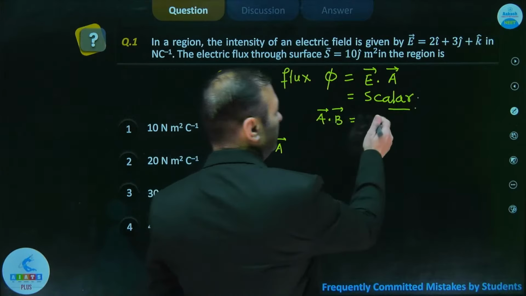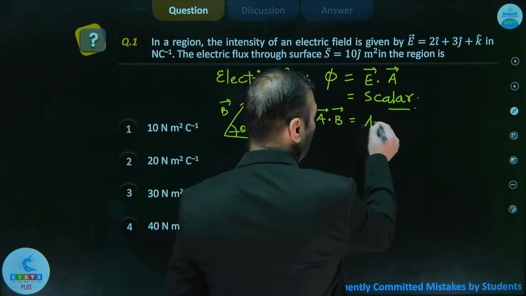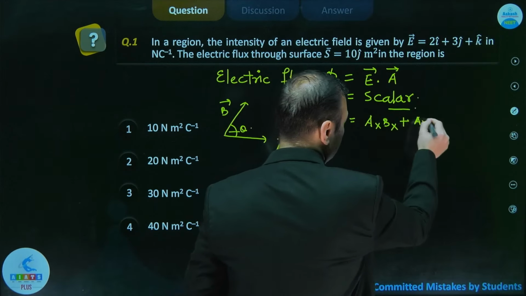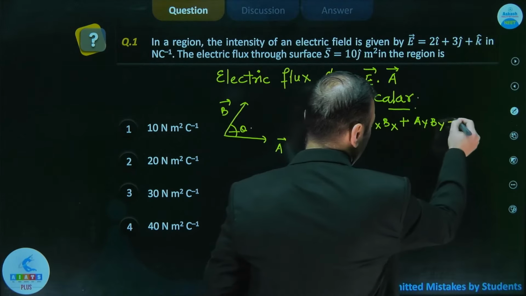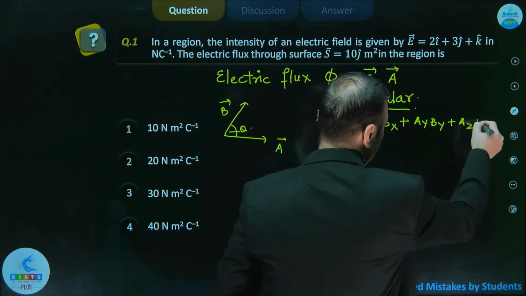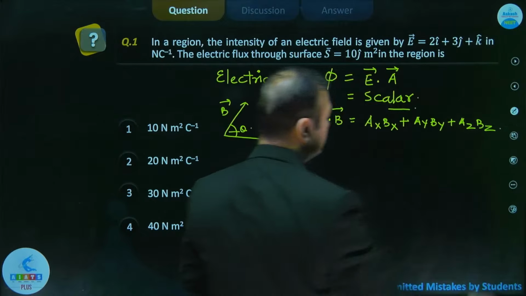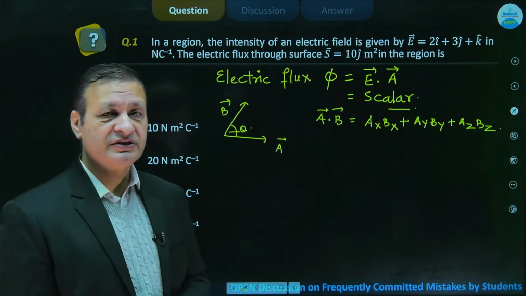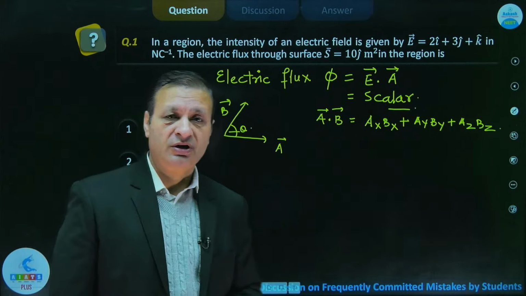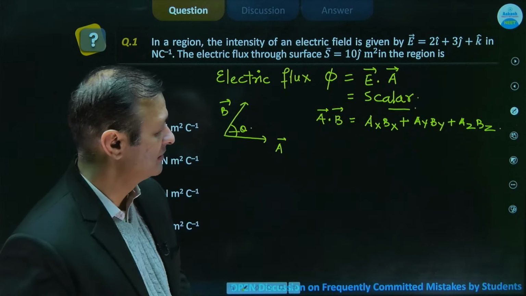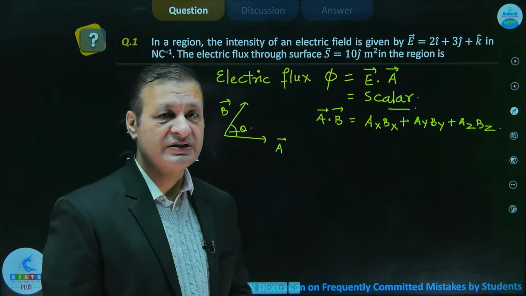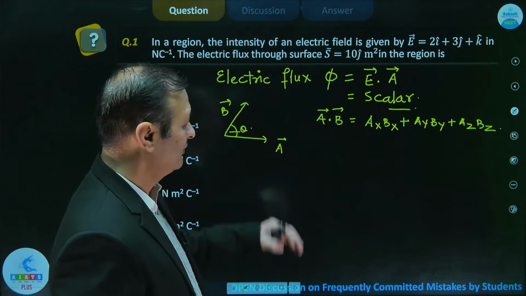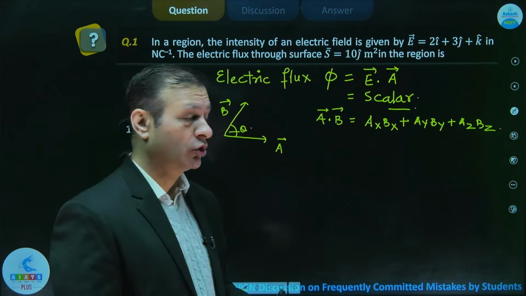So when you multiply this A dot B, you end up with AX BX plus AY BY plus AZ BZ. So this is the dot product of two vectors in terms of components. So that is how you write down the dot product.